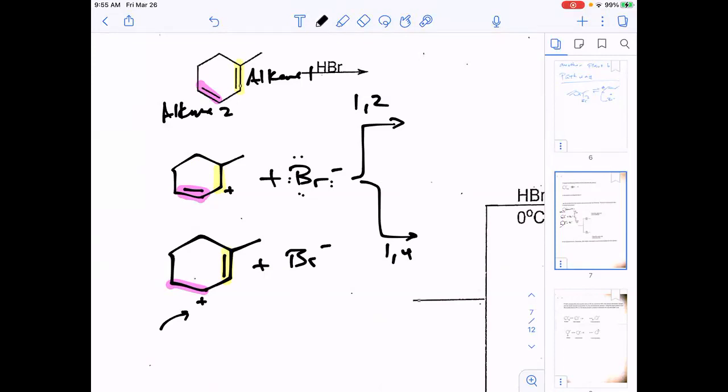If it's the 1,2 product. Wouldn't it attack here? That's what the 1,2 indicates, right?